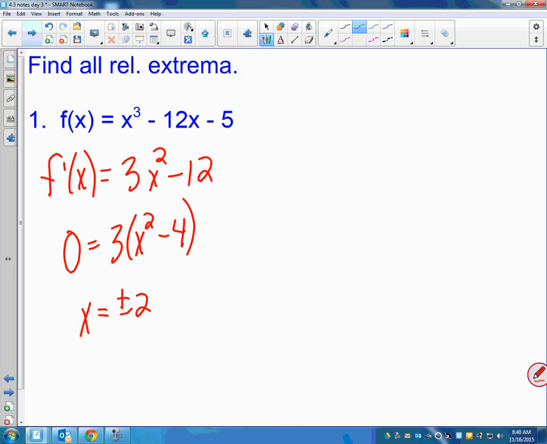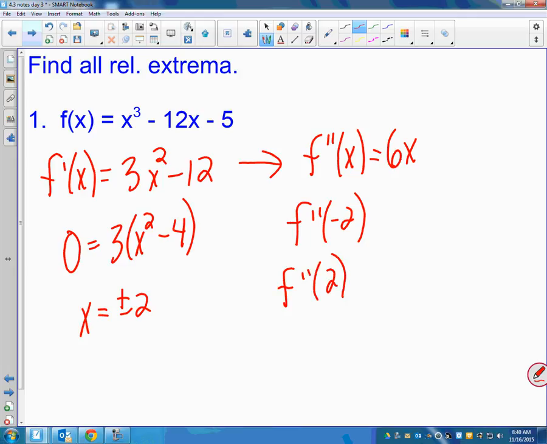The second derivative test says, is it easy to take my second derivative? And this one it is, because I would just get 6x. That's a really easy second derivative. So the second derivative test says to plug in your two numbers, and you're just looking to see whether you get a positive or a negative number, to see whether that critical point is concave up or concave down, so you can see whether it will be a max or a min.